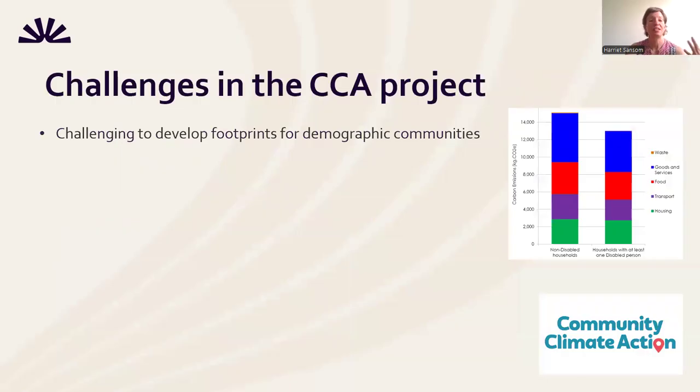And I thought it'd be interesting to think about some of the challenges specific to the CCA project in us taking this carbon footprinting method. So it was more straightforward for us to develop the place-based community footprints. But some of the organisations represented demographic communities in the city.